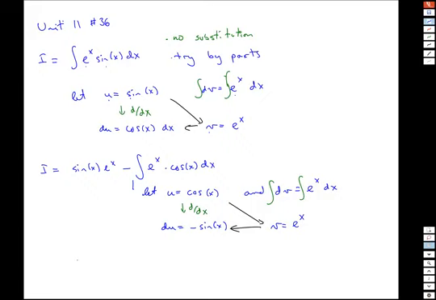And so our integral can be rewritten as same as before, so sine of x e to the x minus, and now in brackets, cos x e to the x minus, again, the integral of negative sine of x e to the x dx, close brackets.